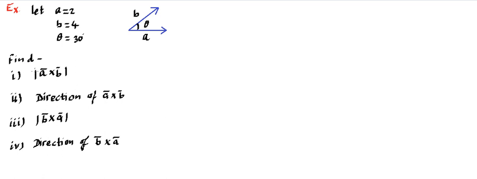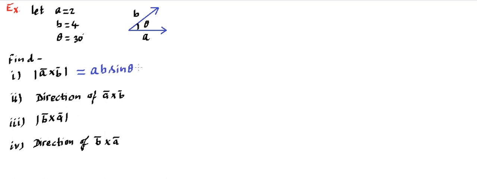First part is asking for mod of A cross B. This mod of A cross B is the magnitude of the cross product of vectors A and B. As per the definition, we can write that A cross B's magnitude is going to be equal to A into B into sin theta.